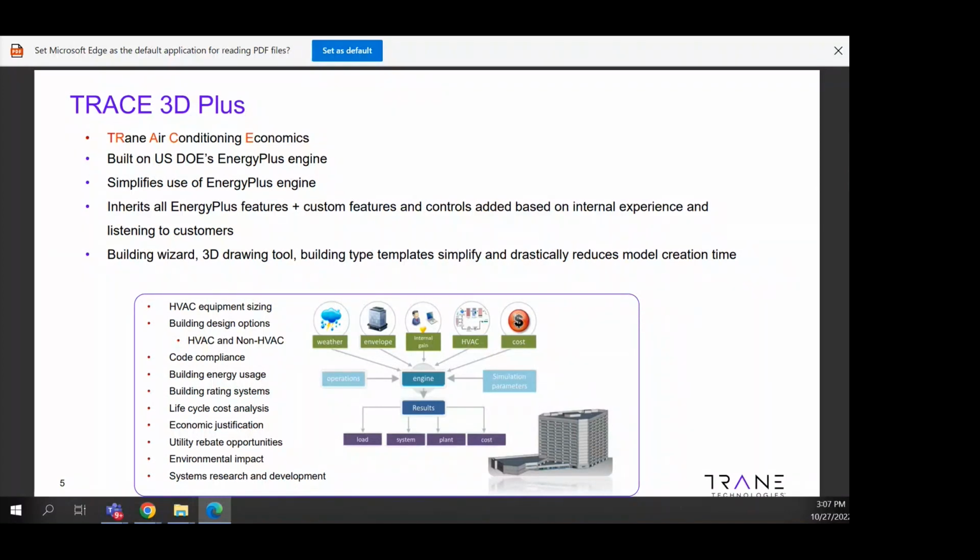So Phase 3 Plus is a tool developed by Trane and it uses the Dymola Plus simulation engine developed by POD.